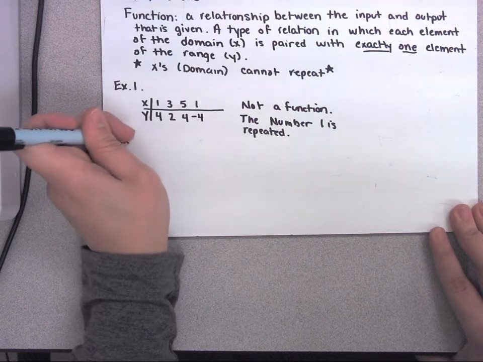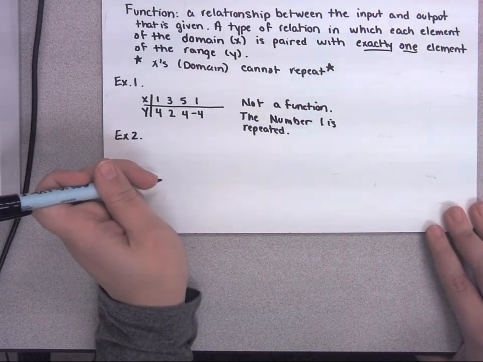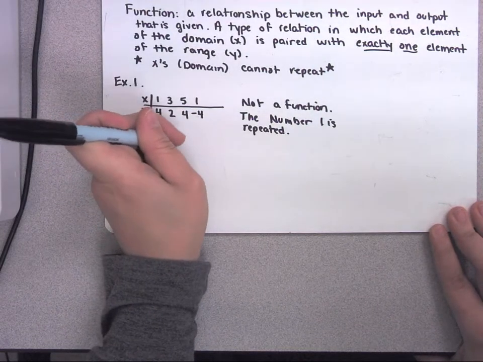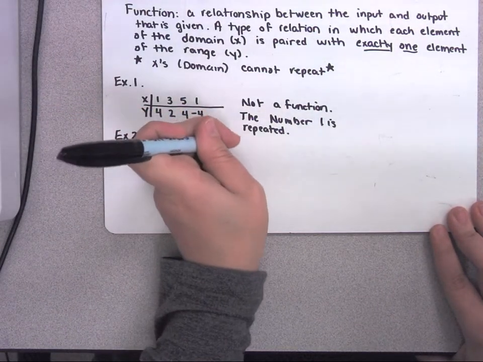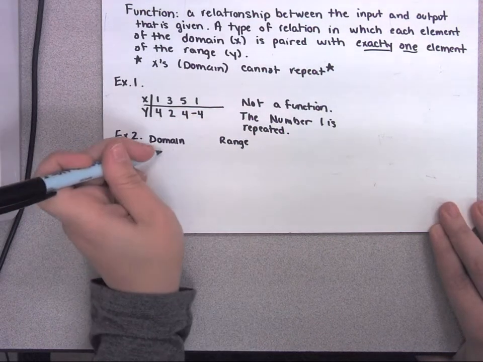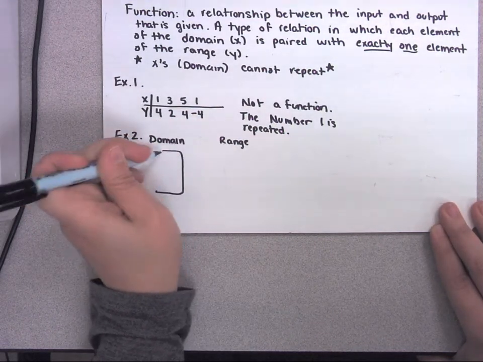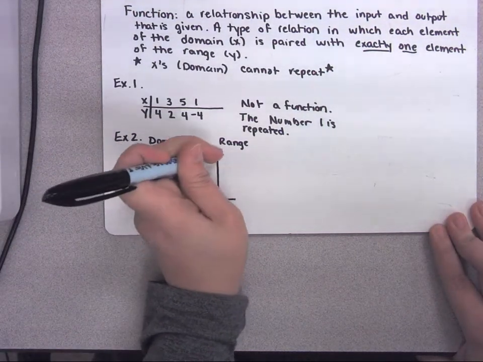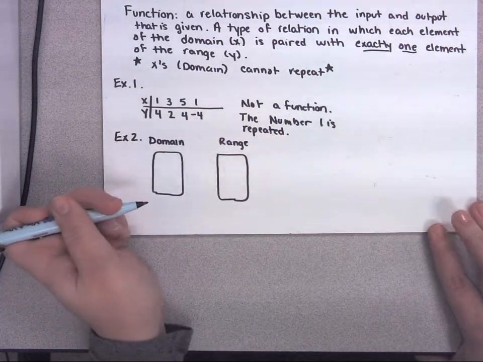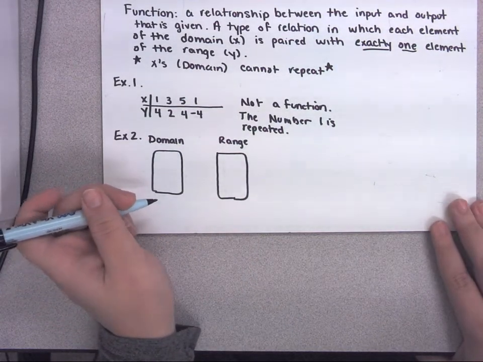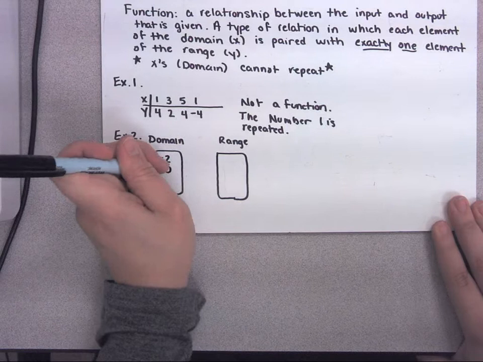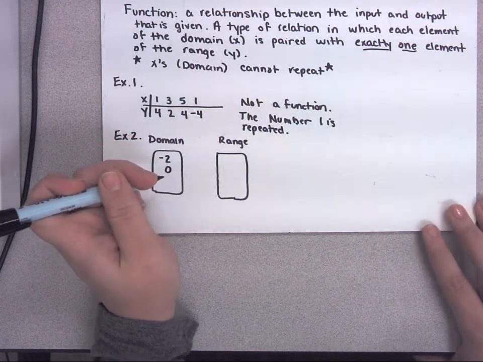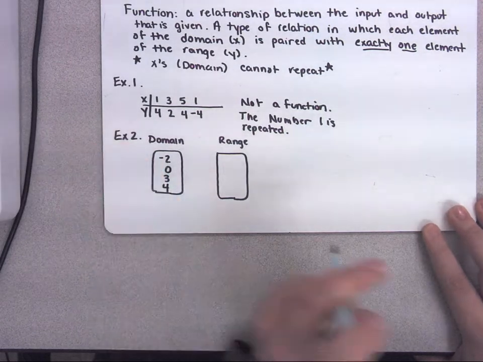Okay, example 2. Let's try a map. They label it domain and range, so let's do that. Domain here, range over here. Let's do boxes this time because, depending on my handwriting, they're usually a little neater instead of making them ovals. The numbers in my domain are -2, 0, 3 and 4.